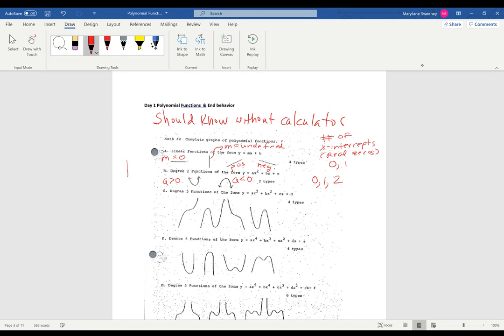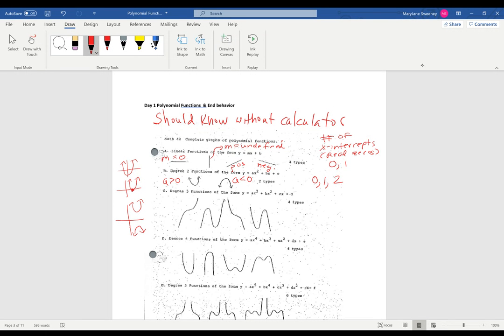So just to show that, obviously we can have a parabola that goes through twice. We could have a parabola that's just tangent to the x-axis, so it just hits it at one point. Or we could have one that's entirely above the x-axis, or entirely below the x-axis and does not have any x-intercepts.